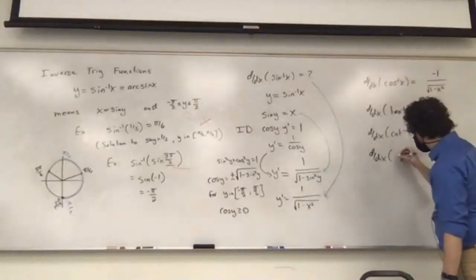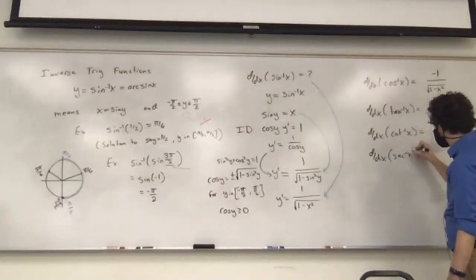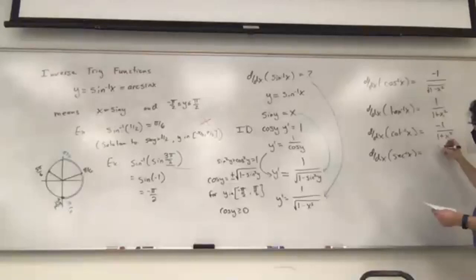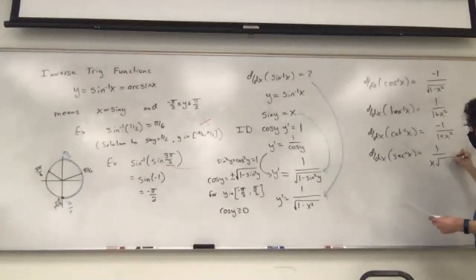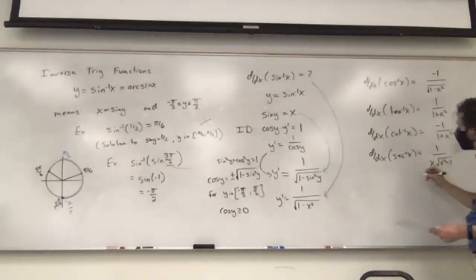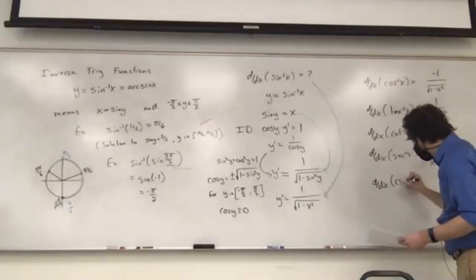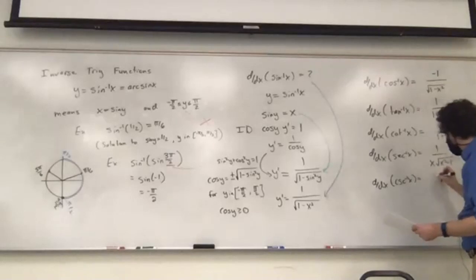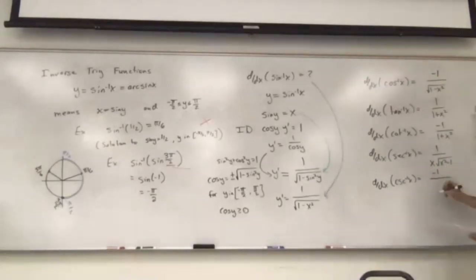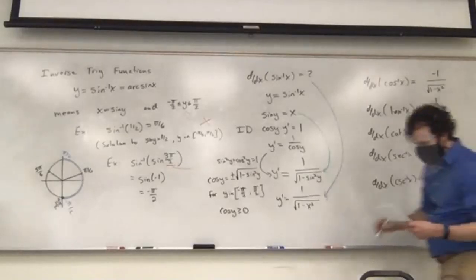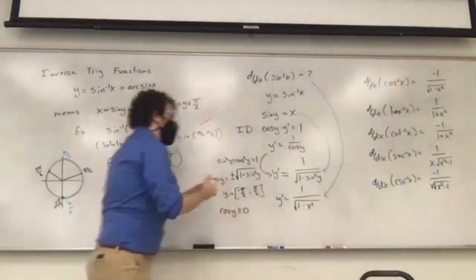Then there's the derivative of secant inverse, which is 1 over x times the square root of x squared minus 1. And then lastly, the derivative of cosecant inverse is the negative of that, -1 over x times the square root of x squared minus 1. Okay.